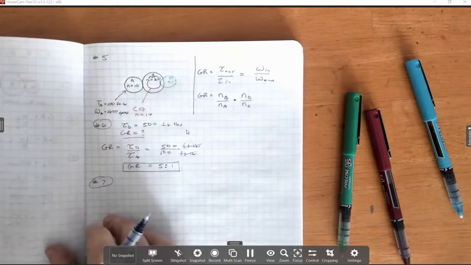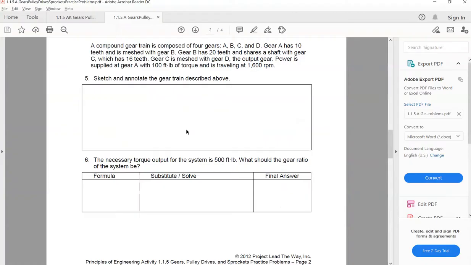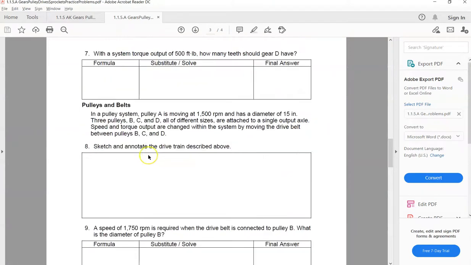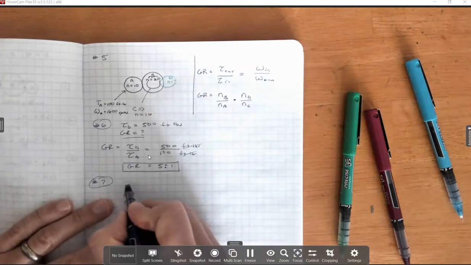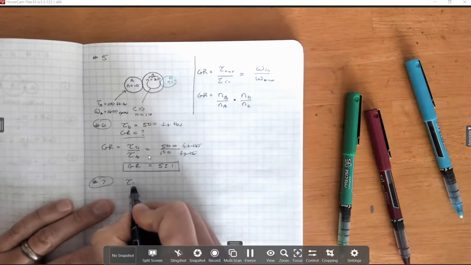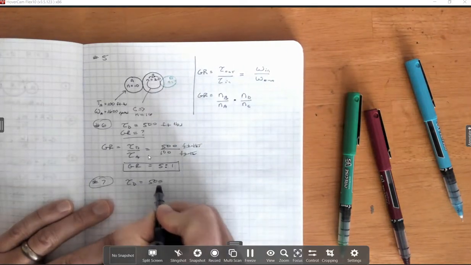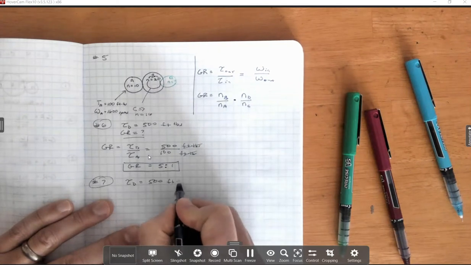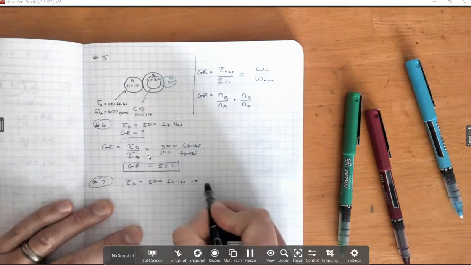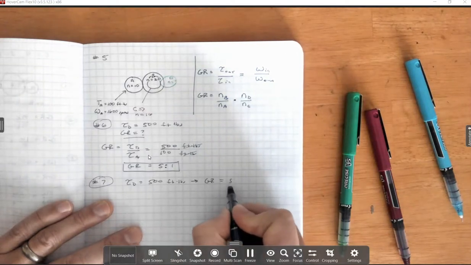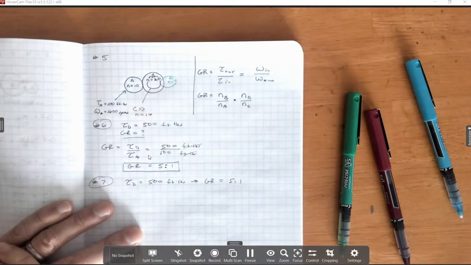All right, number 7. With a system torque output of 500 foot-pounds, how many teeth should gear D have? So, with the same output torque, 500 foot-pounds, we know that we have a gear ratio of 5 to 1, correct?